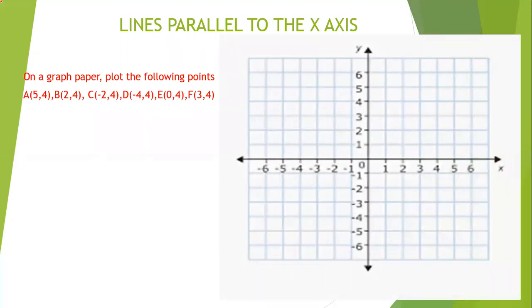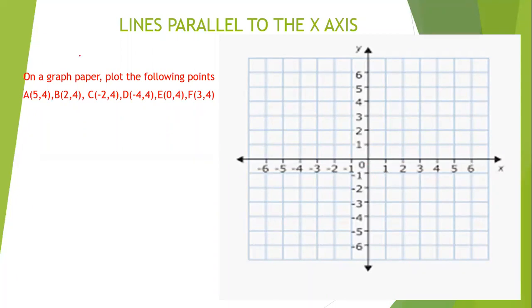So you can see a graph paper on your screen, and here we have drawn the axis also. You can see the x-axis, you can see the y-axis. Numbers are also written and the origin is also marked. Now let us start with the plotting.